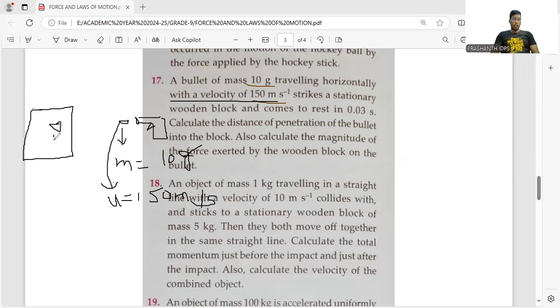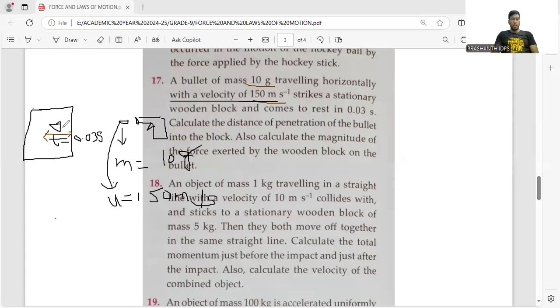So, at what time did it come to rest? Within 0.03 seconds after hitting the wooden block, the bullet came to rest. Calculate the distance of penetration of the bullet into the block. We need to calculate how much depth the bullet has penetrated, going inside the wooden block.